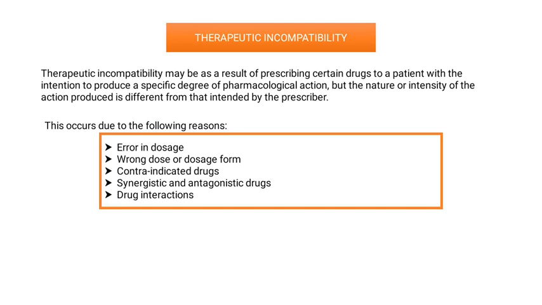Therapeutic incompatibility may occur as a result of prescribing certain drugs to a patient with the intention, that is, with the desire, to produce a specific degree of pharmacological action, but the nature or the intensity of the action produced in the patient is different from that which is intended by the prescriber.